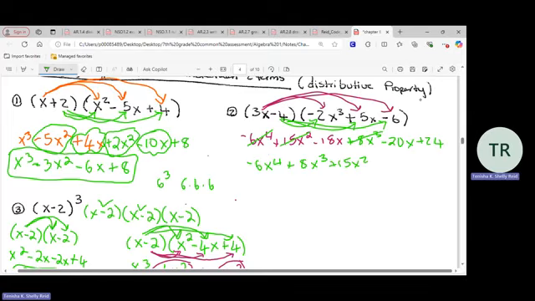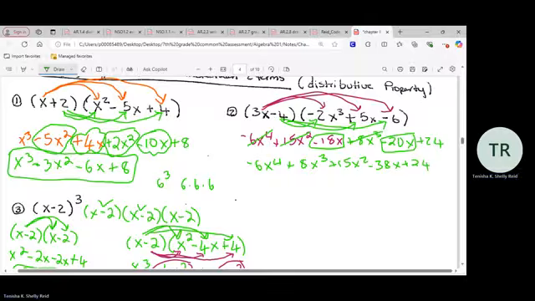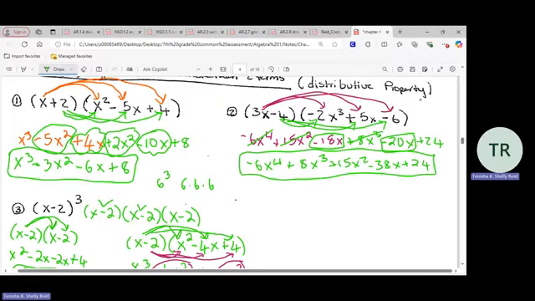And then I have a negative 18x and a negative 20x. So we have a negative 38x and then a plus 24. And I can't combine any other terms, so here we are. A quartic polynomial with a leading coefficient of negative 6.